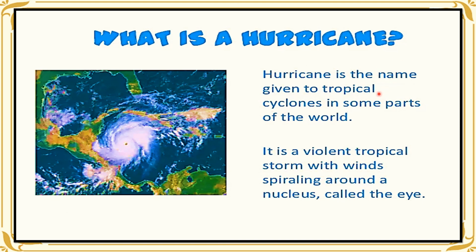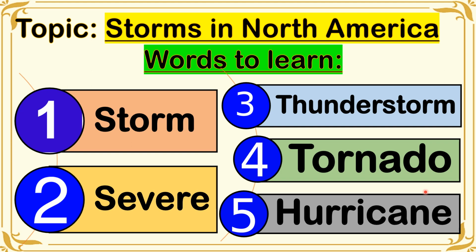Hurricane is the name given to tropical cyclones in some parts of the world. It is a violent tropical storm with winds spiraling around a nucleus called the eye. So these are the words to learn that can help us better understand our topic. Please read them again from numbers 1 to 5. Storm, severe, thunderstorm, tornado, and hurricane.